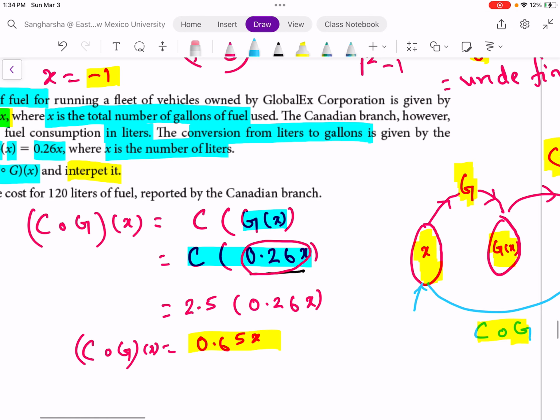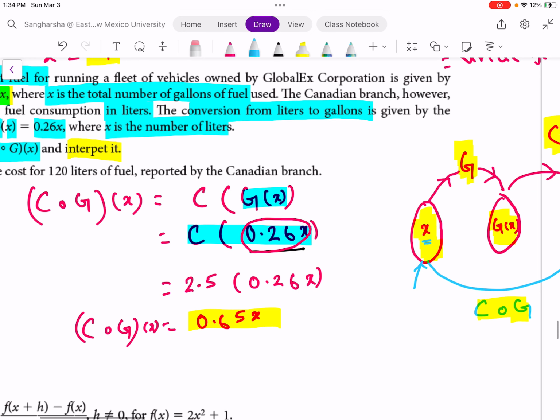So the C composite G function gives us the cost of fuel, where x is the number of fuel in liters.